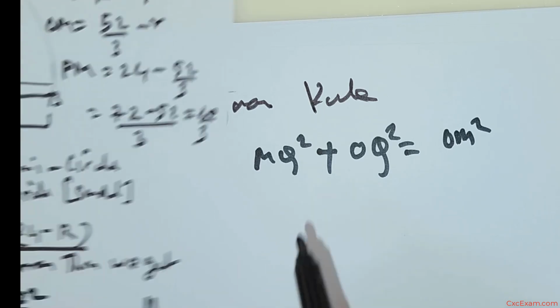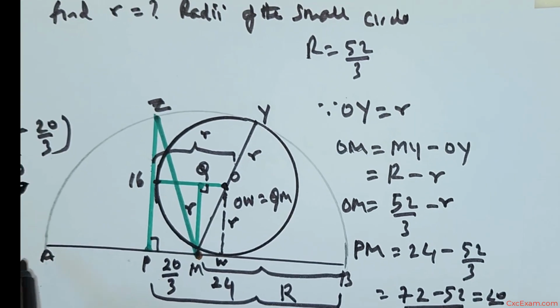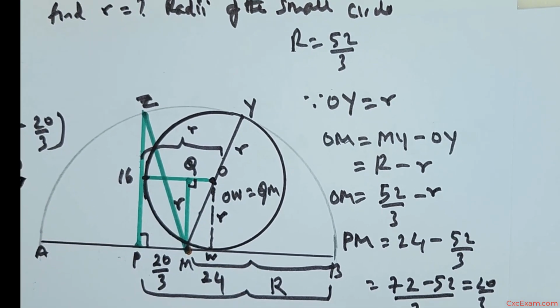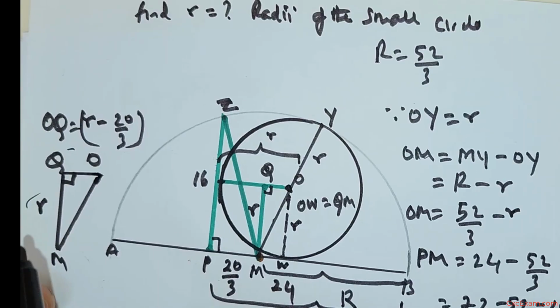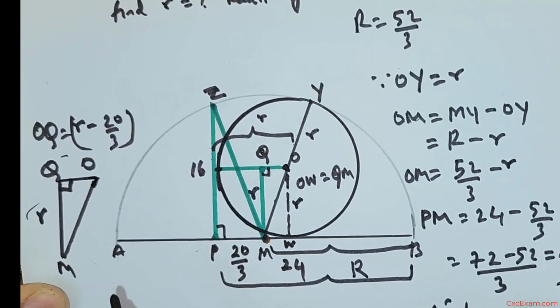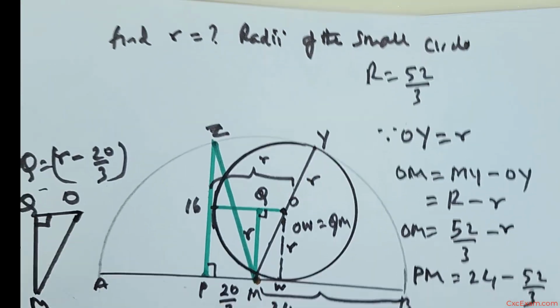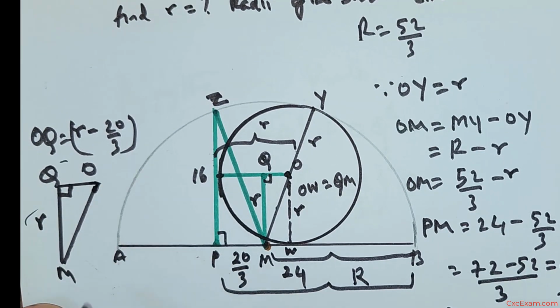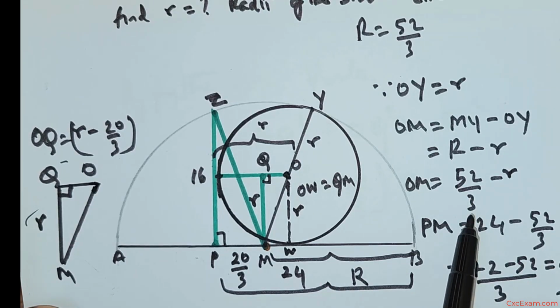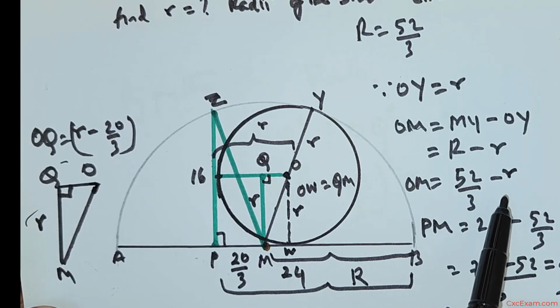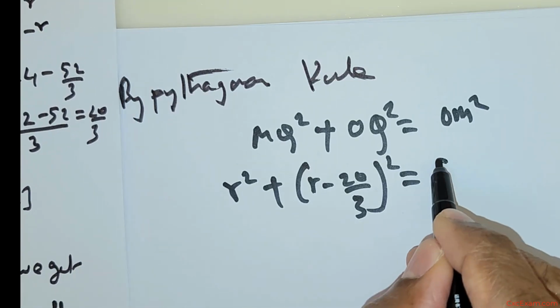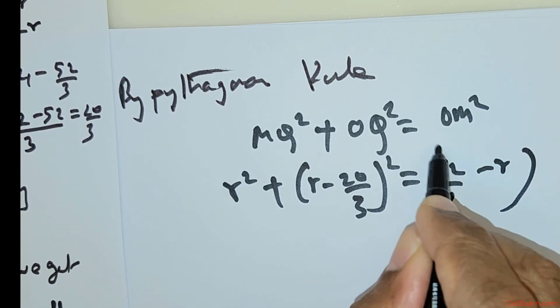So MQ is what? MQ is R. OQ, we have got OQ is R negative 20 over 3, the whole square, is equal to OM. What is OM? OM is 52 over 3 negative R. Okay, 52 over 3 negative R, the whole square.